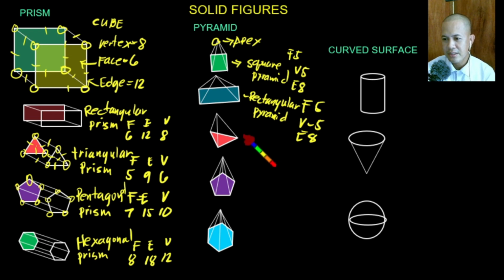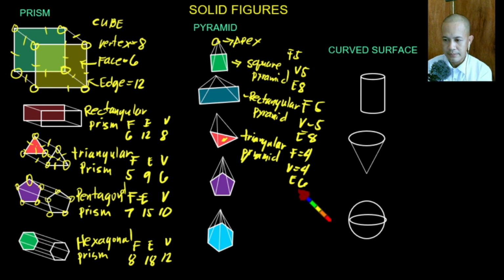The next pyramid is called triangular pyramid because it has a triangular base. Okay, so I said a while ago that a pyramid is named according to its base. So we have a triangular base here, so we call this triangular pyramid. So a triangular pyramid has 4 faces. Okay, and then we have 4 vertices and we have 6 edges.